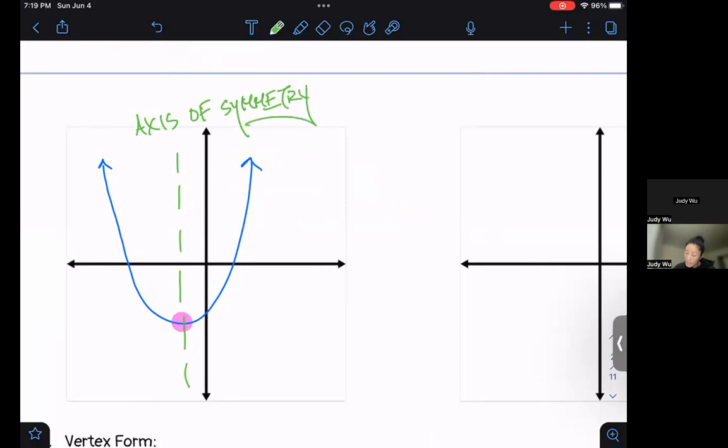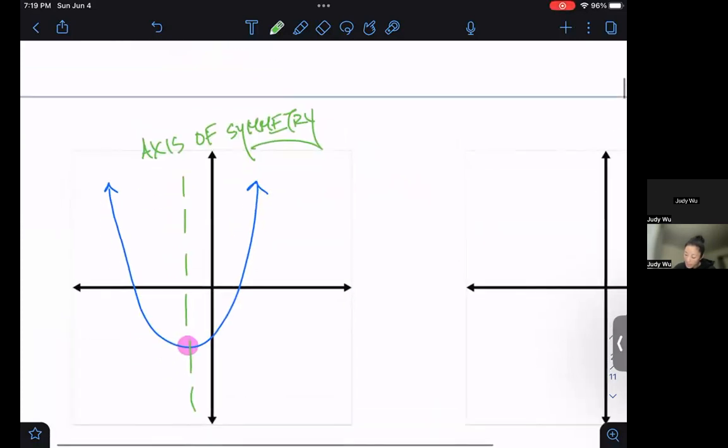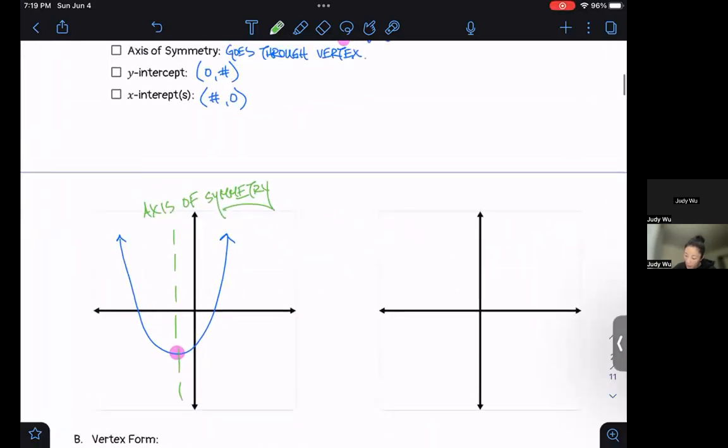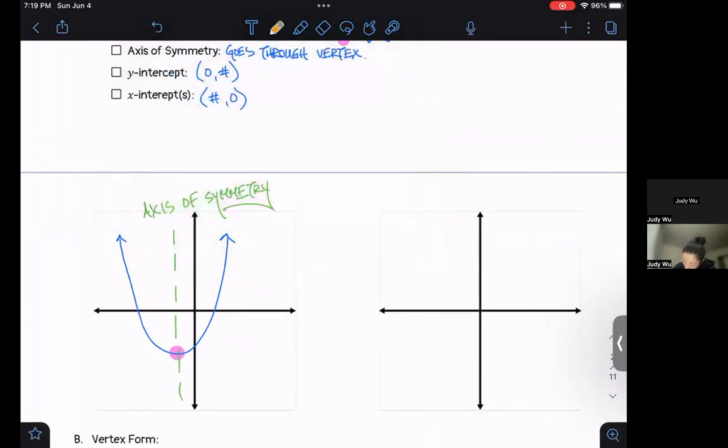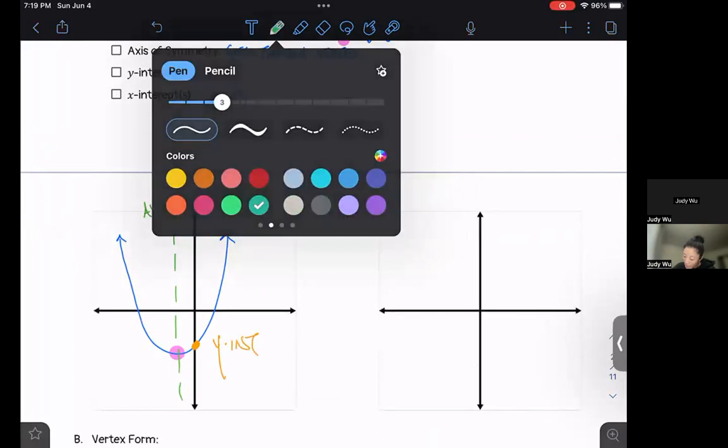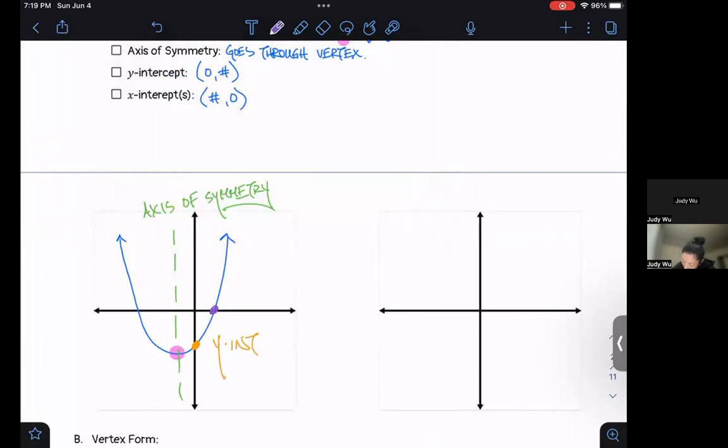Let's see where our y-intercept and our x-intercepts are. Our y-intercept is right here, where our parabola crosses the y-axis. And our x-intercepts are right here and here. This is one x-intercept, and this is another x-intercept.